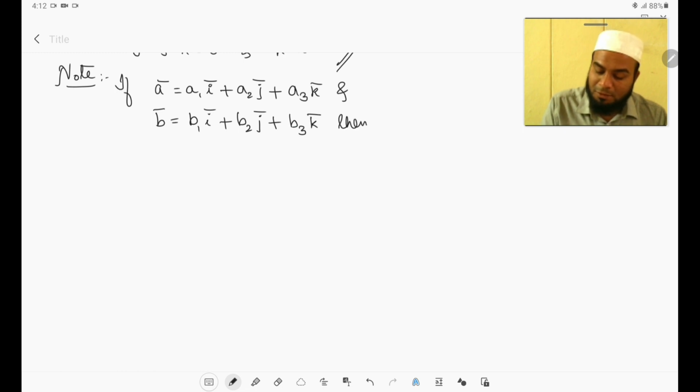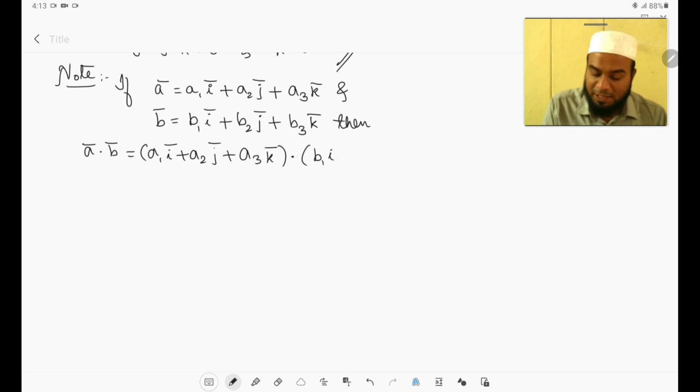Then how do we define the dot product? a bar dot b bar is nothing but a1 i plus a2 j plus a3 k, dot product of this with b1 i plus b2 j plus b3 k.